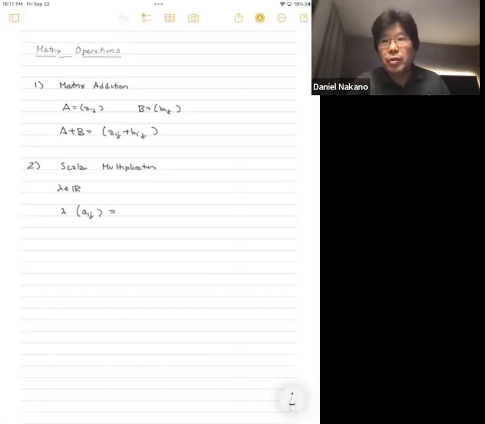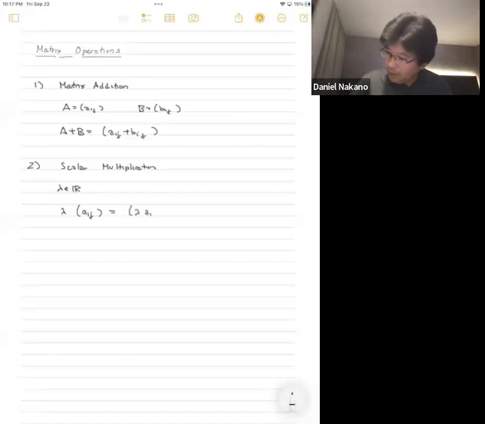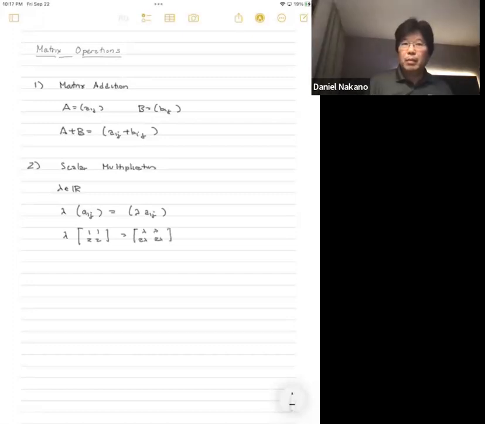What you do is you just multiply the scalar into every single entry. So this is lambda times Aij. For example, if you have lambda times the matrix 1, 1, 2, 2, then this is going to be equal to lambda, lambda, 2 times lambda, 2 times lambda.